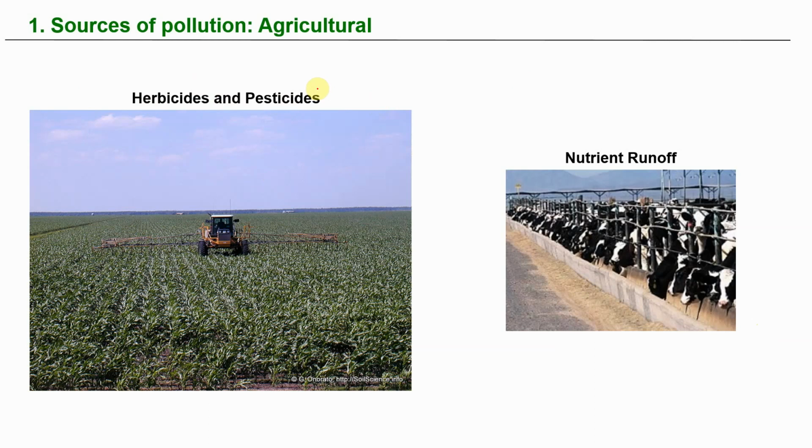These, of course, run off and they end up in waterways again, or they end up in adjacent terrestrial ecosystems. In addition to herbicides and pesticides, we also have nutrient runoff. Nutrient runoff can come from multiple different sources. For example, cattle feedlots. This is the cattle feedlot that's just on the way out of town near Gossner's Foods.